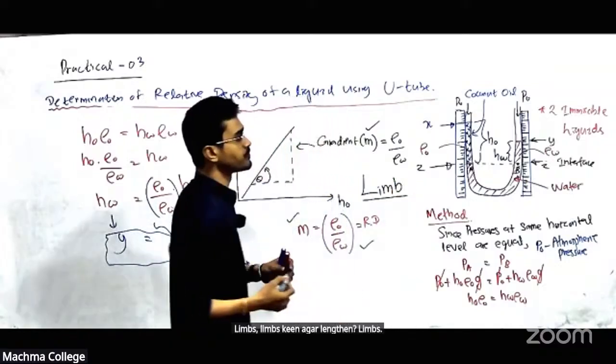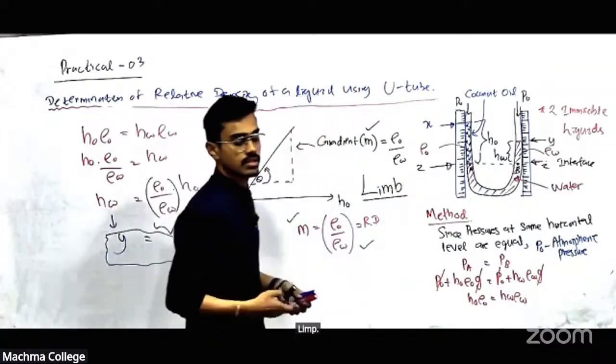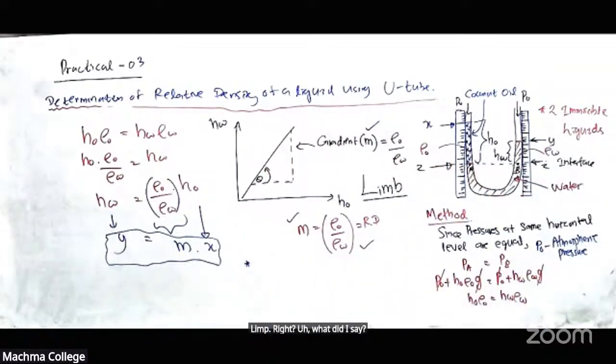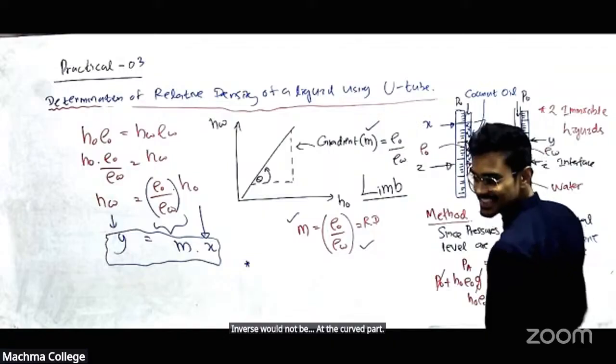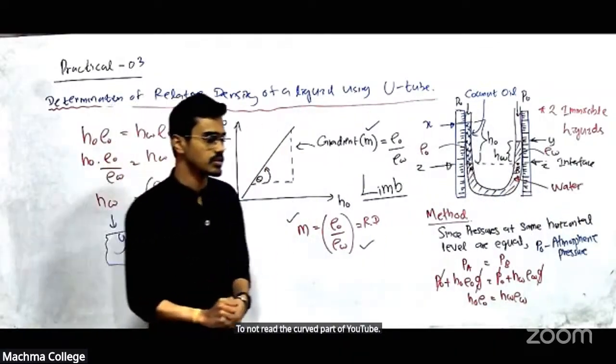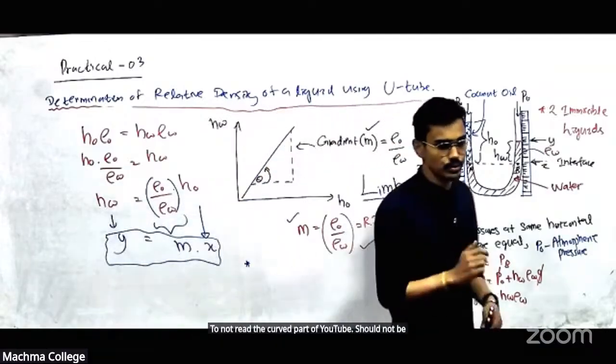Limb. Right? What did I say? Interface should not be at the curved part of U-tube.